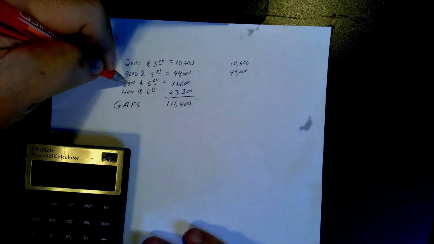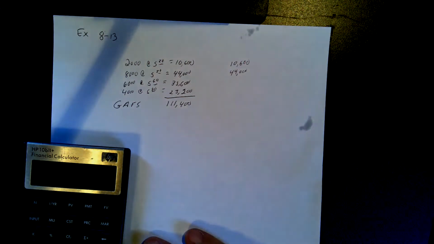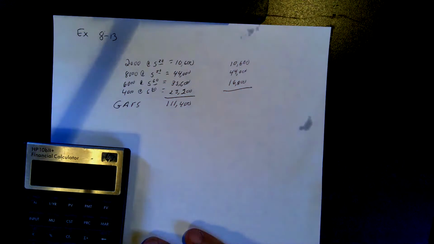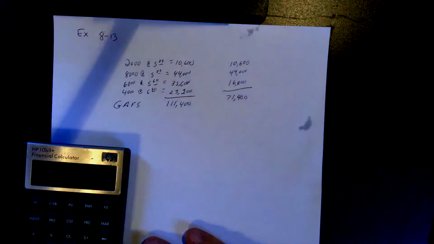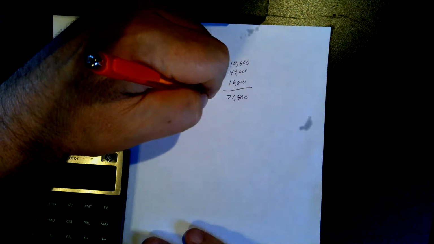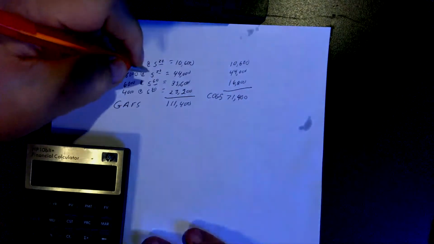That'll give us 3,000 times 5.60, so 33,600 is 16,800. And if we add those up, we get 71,400, and that will be our cost of goods sold.